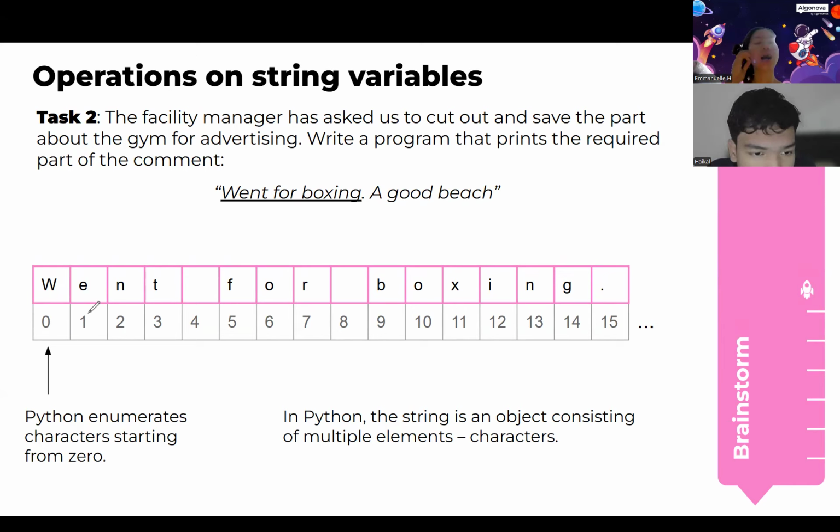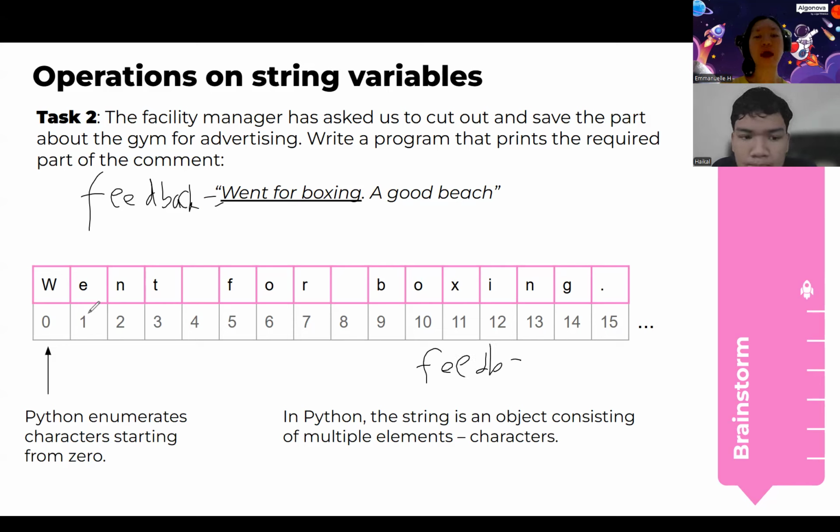For example, I have a variable called feedback here. Feedback equals "when for boxing" and so on. And then I want to get a character, so I write feedback, and then the index in a square bracket.